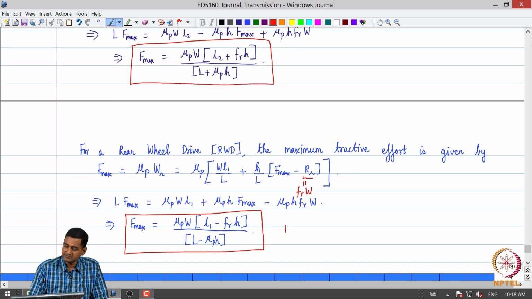So this is the maximum tractive force for a rear wheel drive.